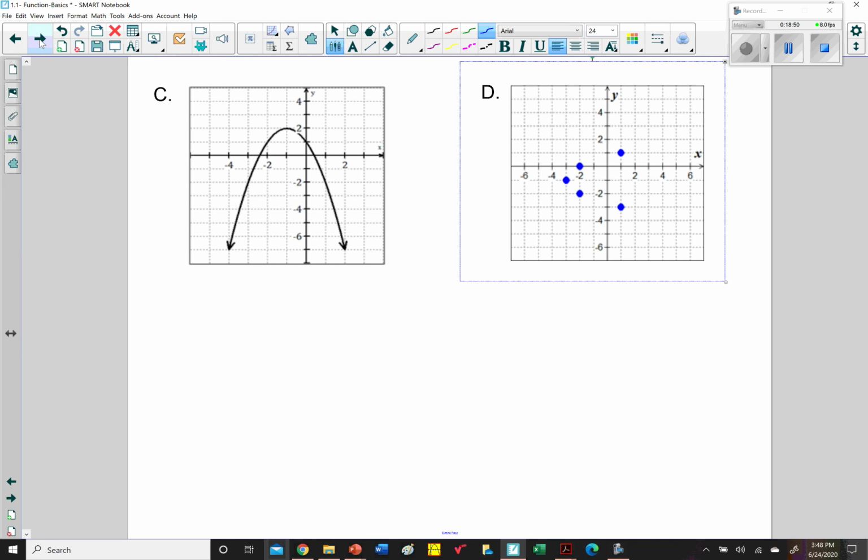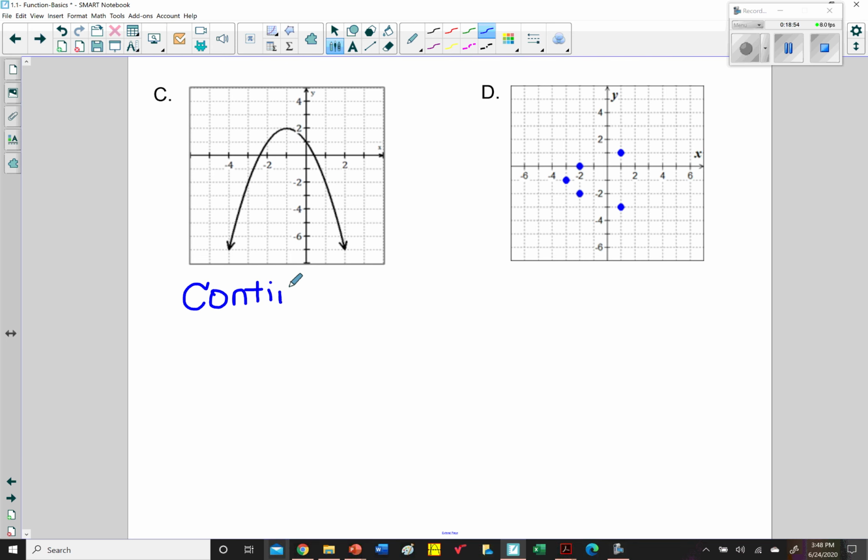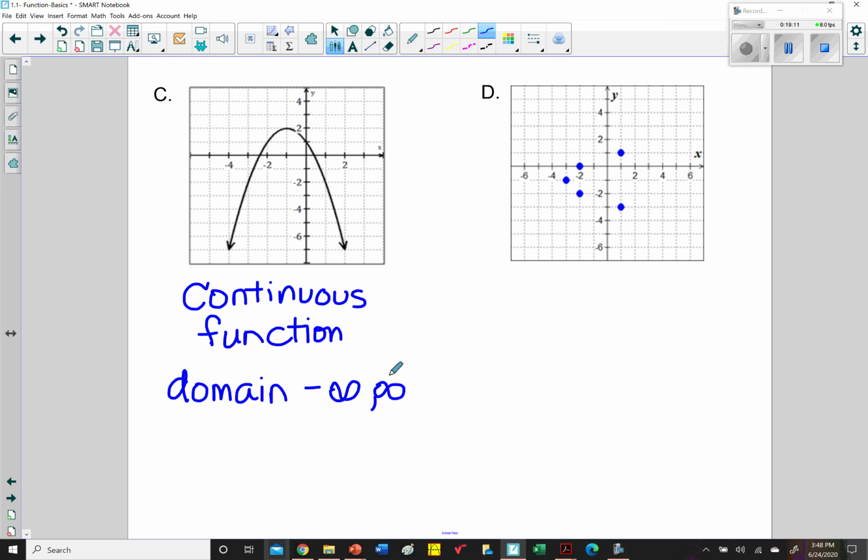In part C, that's a graph, it's a continuous graph. Using some maybe new vocabulary, it is a function since it passes the vertical line test. The domain is all real numbers, so -infinity to +infinity.